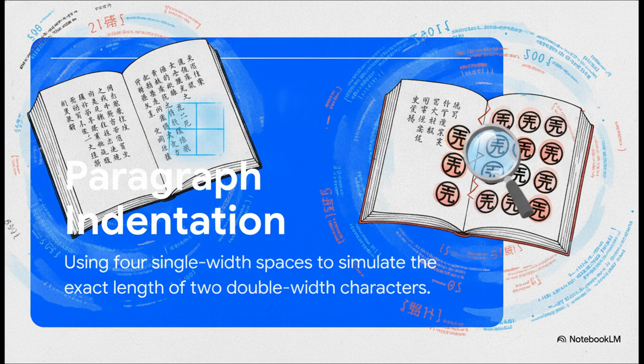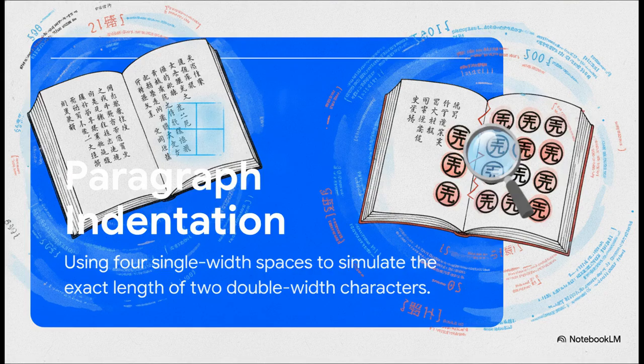In CJK formatting, and specifically in things like Chinese novels, the single-width space character is absolutely everywhere. It's not just used between words like we do in English, it's structural. There's a standard convention for paragraph indentation in these novels that relies on using exactly 4 single-width spaces to perfectly simulate the visual length of 2 double-width characters. It creates this beautifully aligned, traditional reading experience.